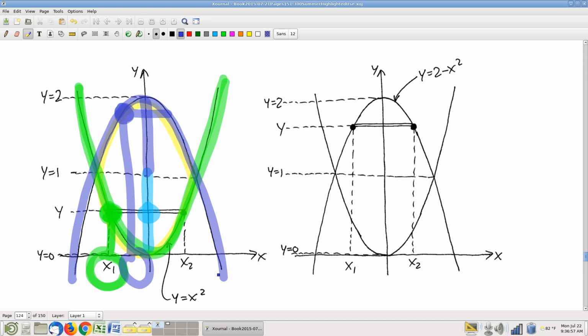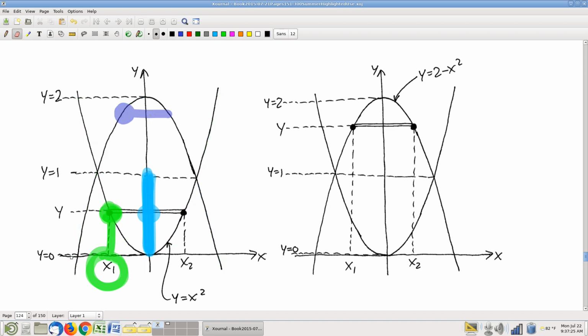Okay, so the formula that we're going to have then for the lower bound for x is going to be a function of y, it depends on y, but you get different formulas. You get one formula when y is between 0 and 1. You get a totally different formula when you're looking at y from 1 to 2, because the points that determine the bounds are on different curves which have different equations.